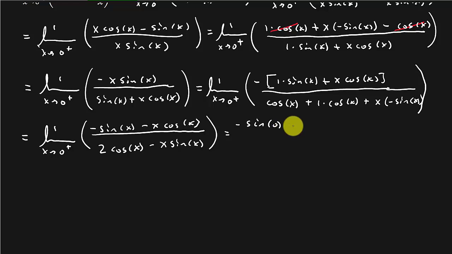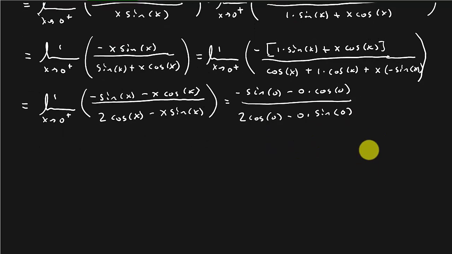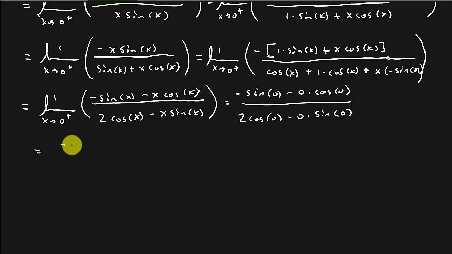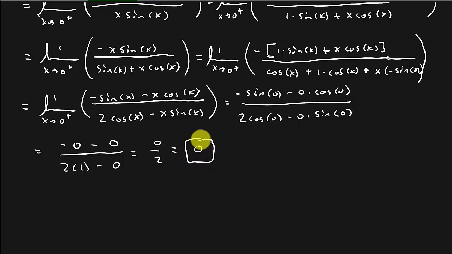Negative sine of 0 minus 0 times cosine of 0 over 2 times cosine 0 minus 0 times sine of 0. So this is going to be negative 0 minus 0 over 2 times 1 minus 0, which is just going to be 0 over 2, which is 0.